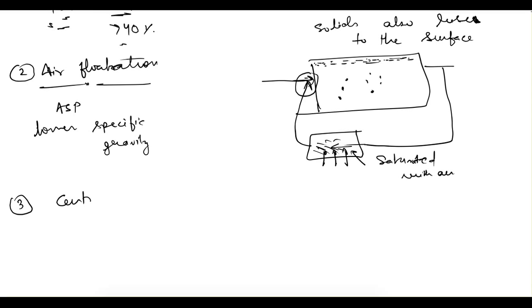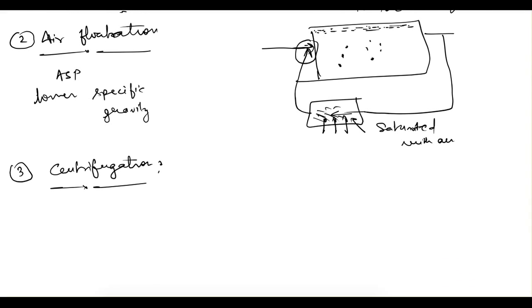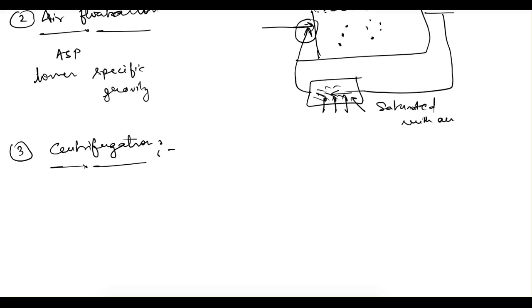The last method for sludge thickening is centrifugation. Centrifugation is the application of centrifugal force. That way the solids and the liquid can be separated with the help of a chamber which is rotating at a very high speed.